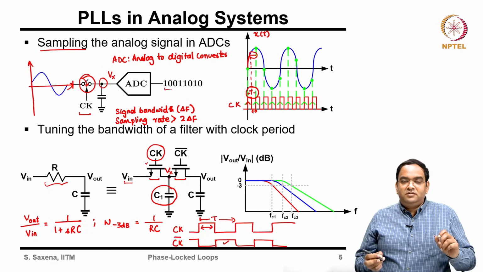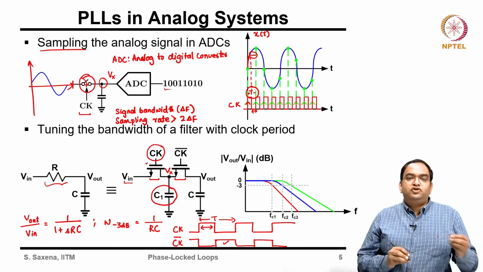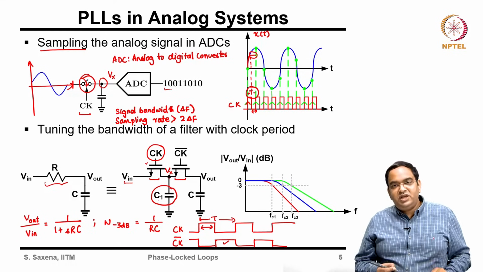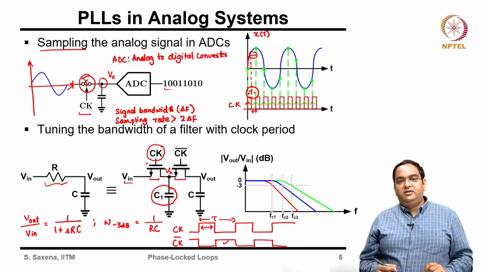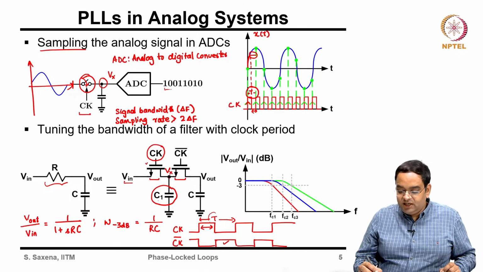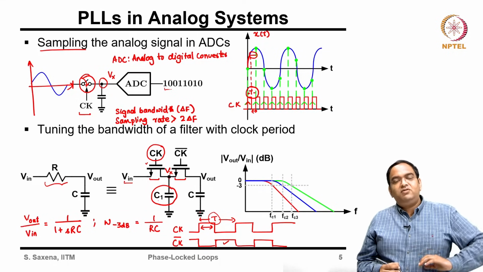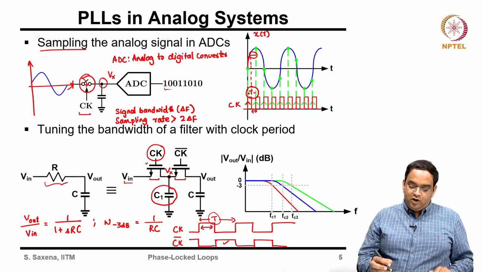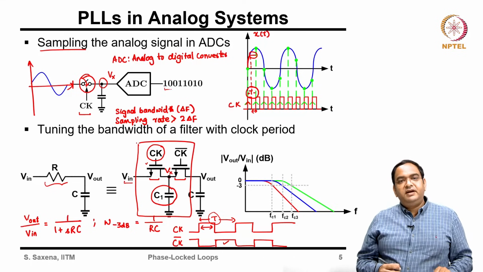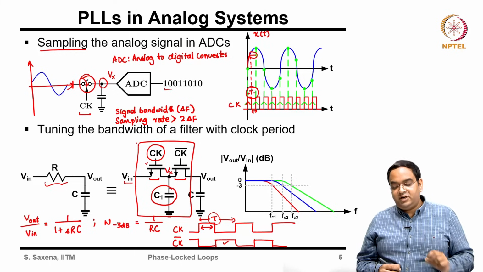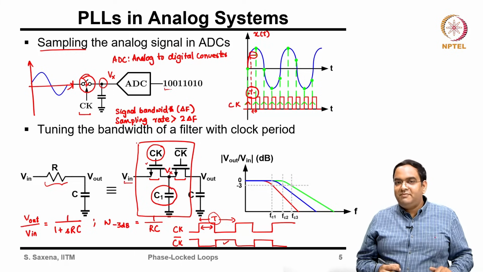Now, think back that here the average charge which is drawn from Vin and transferred to Vout depends on how often you are doing it, which in turn depends on the time period t. So, at the end, the effective resistance value of this particular network depends on the time period, because the resistance can vary with the time period.